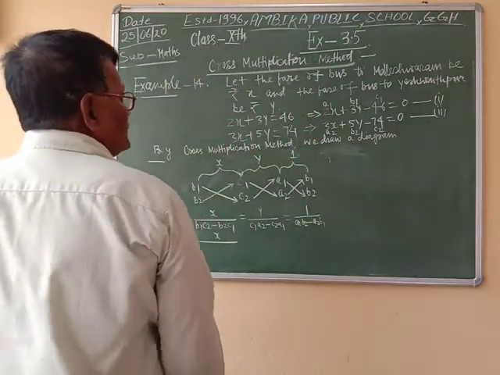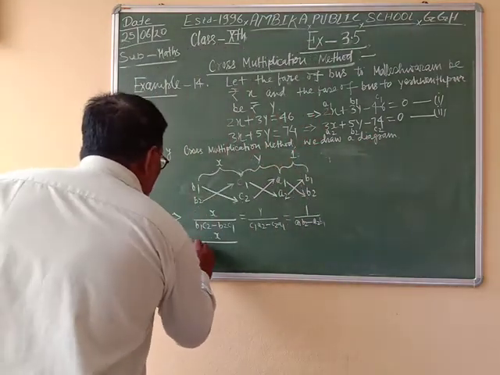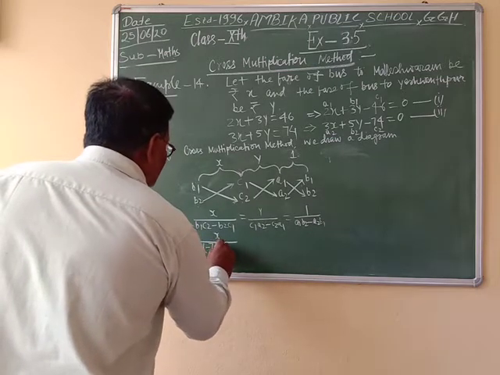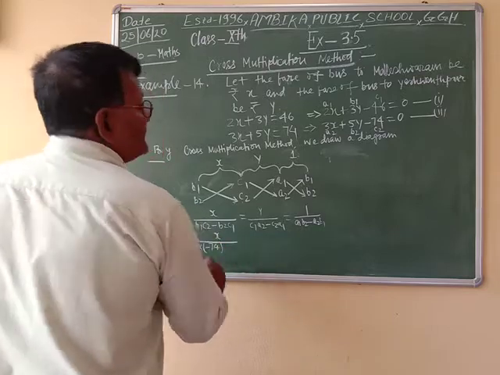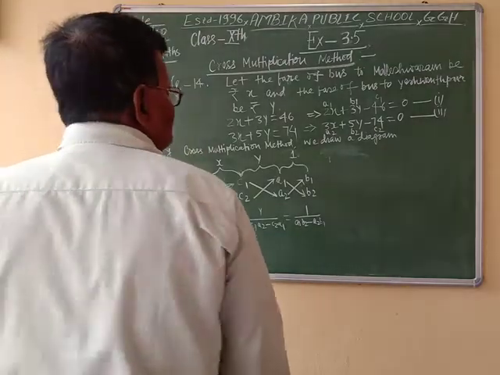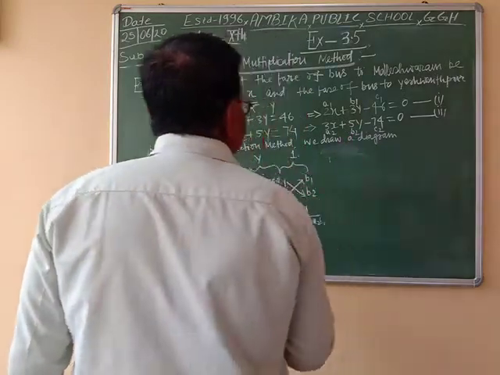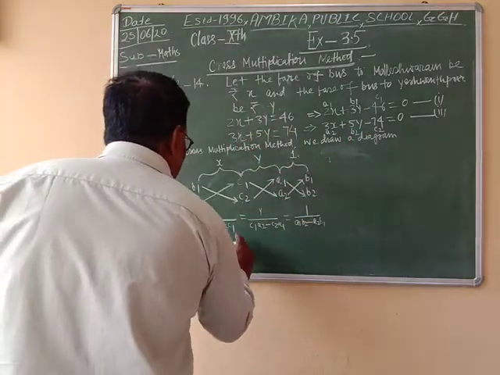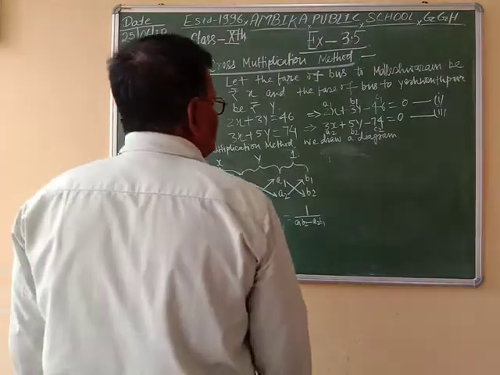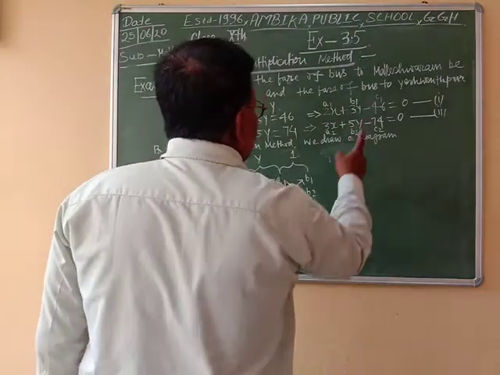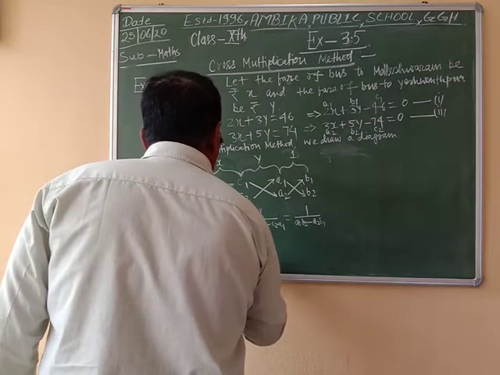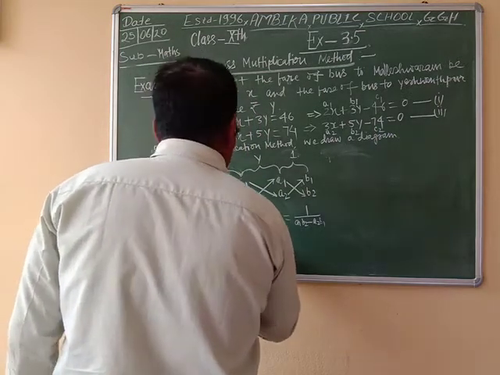So 3 into minus 74, B1 C2 minus B2 C1. B2 is equal to 5 and C1 is minus 46, so 5 into minus 46.